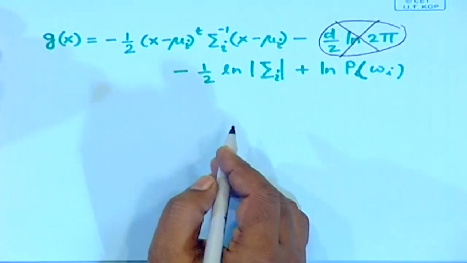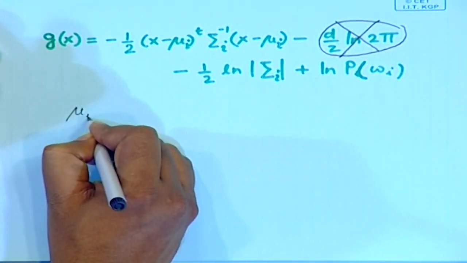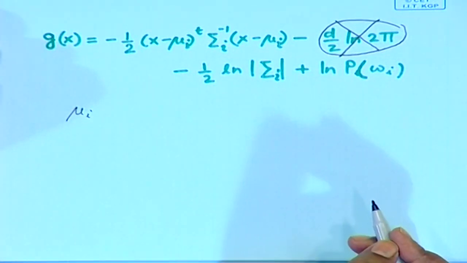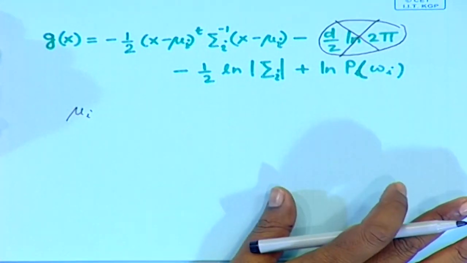Now let us compute the value of mu i. Assume that I have n training samples belonging to class omega i.